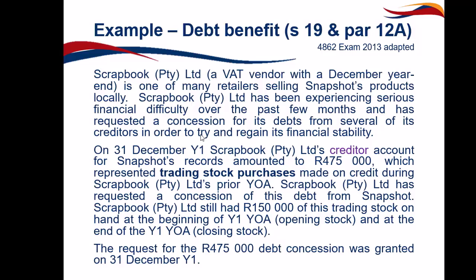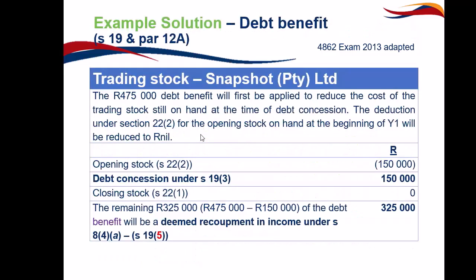All right, so let's see. Let's go to the answer. Okay, how much was our debt benefit? It was 475,000. Before we do anything, we need to look at that 475,000 and see how much relates to the stock that is still on hand and how much relates to the stock that has been sold.